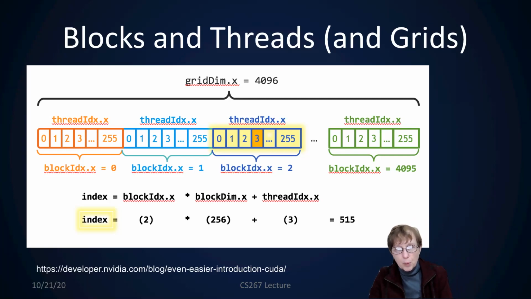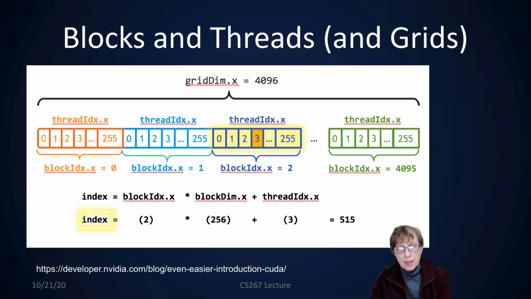And then if you want to access some arbitrary element in here, you say, well, what is my block ID? If I'm in block ID 2, then I multiply that times the block dimension, so the total number of threads in each block, which is equal in this case to the number of elements in the array in each block. And so I use blockDim.x to get that size.